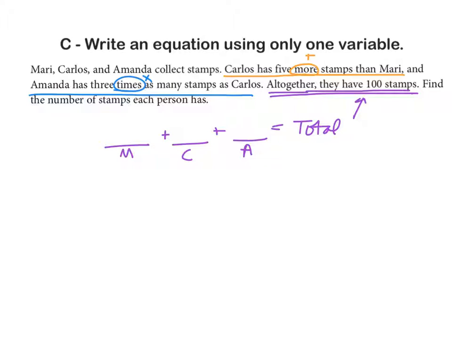So I'm going to kind of work backwards and figure out who do I know the least about. And if I read my 2 sentences, to me, I don't know anything about Mary. So Mary, I'm going to call X because I don't know anything about her. So X, if we're defining our variable here, X is the number of stamps that Mary has.